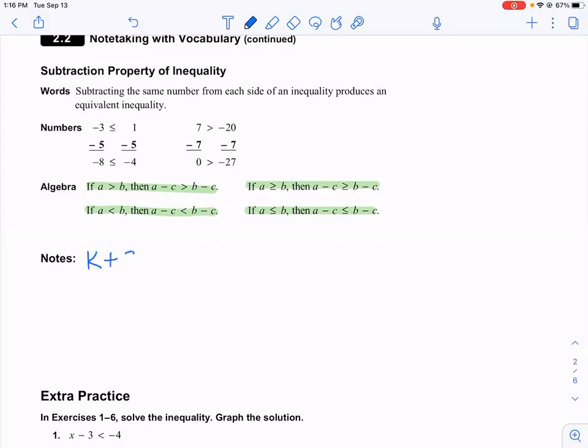K plus 3 is less than or equal to 4. Sophia, what do we need to do? We need to subtract 3 from both sides. And we now have K is less than or equal to 1.